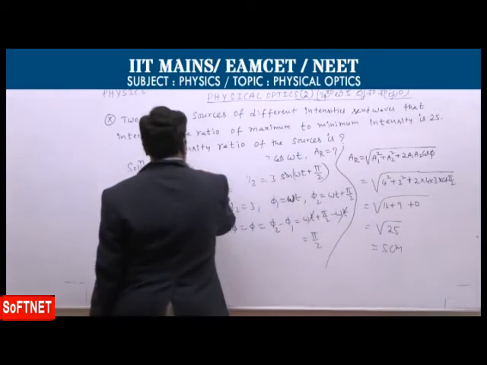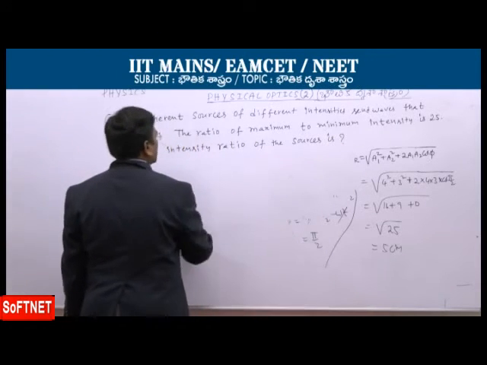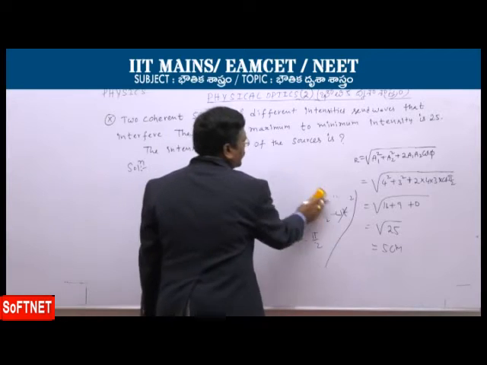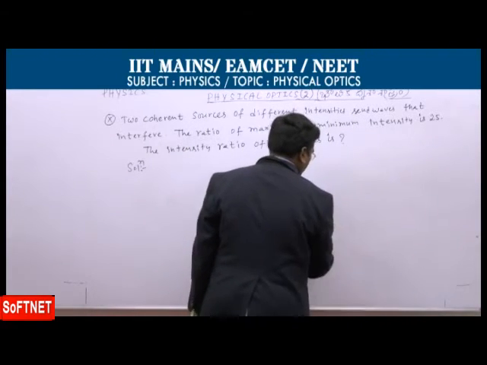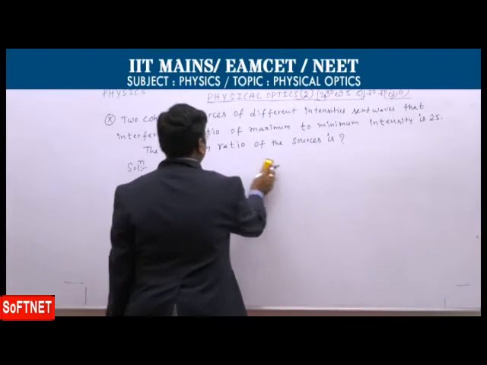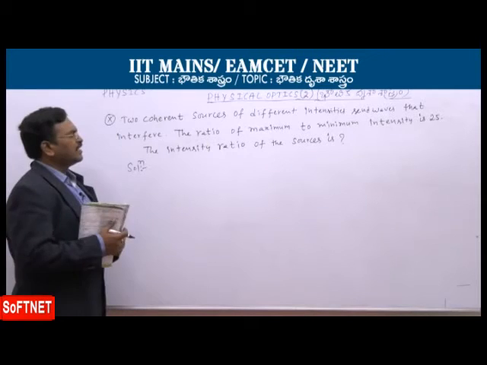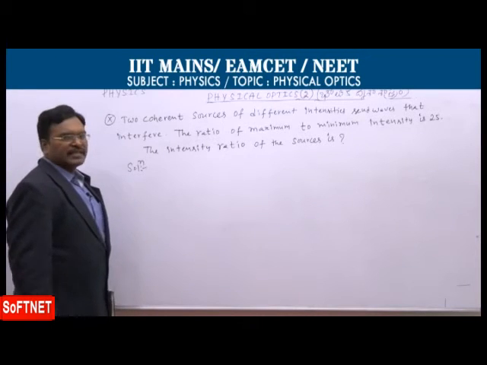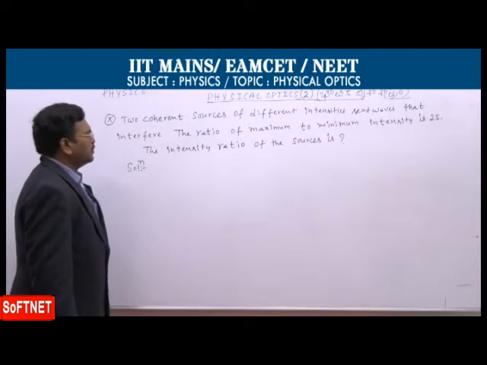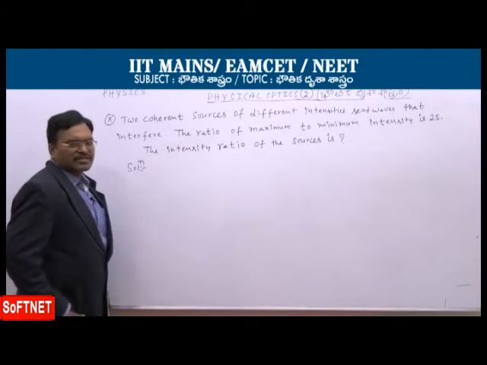First you understand the question, you read the question now. What is given? Two coherent sources of different intensities send waves that interfere. The ratio of maximum to minimum intensity is 25. The intensity ratio of the two sources is asked.